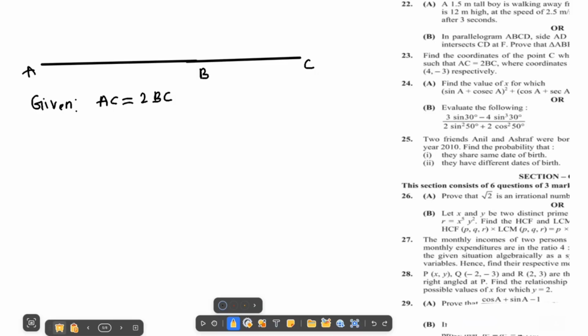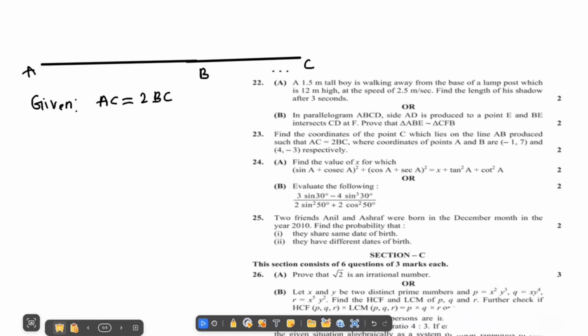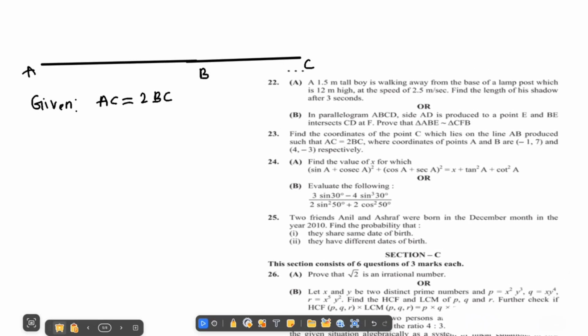Here A coordinates are given. What are the A coordinates? A coordinates are -1 comma 7, and B coordinates are given.